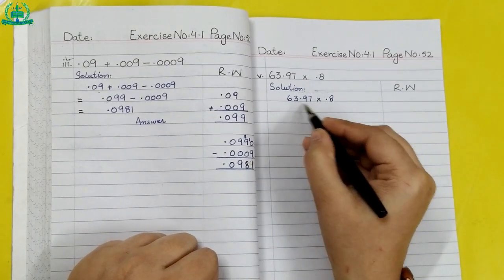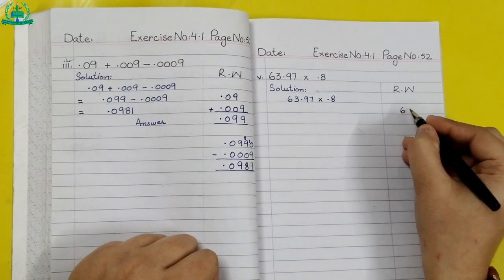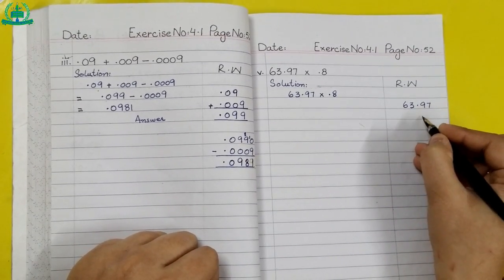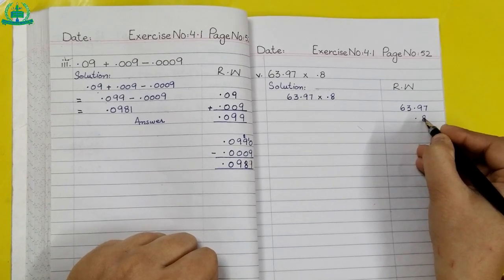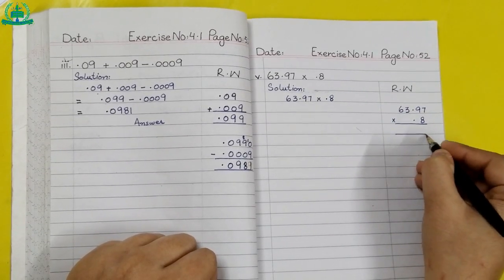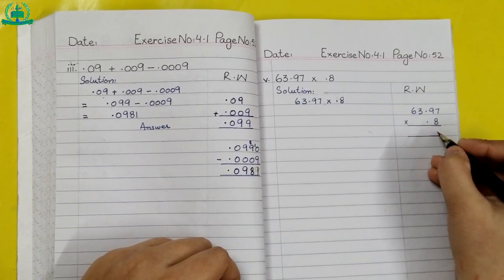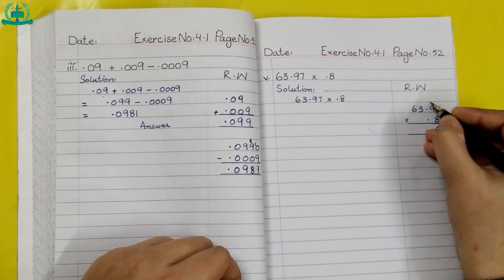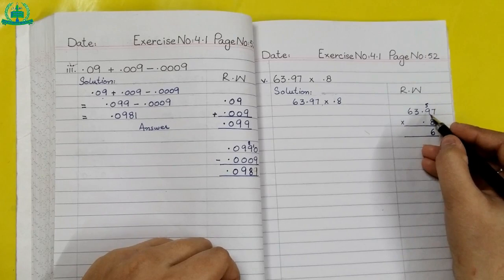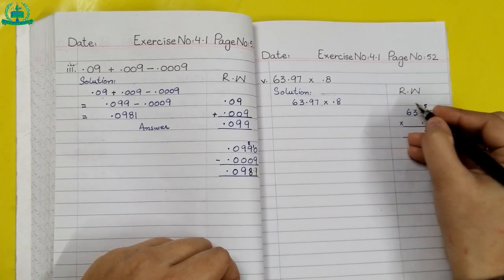We multiply these values like this. 63.97, 8. 8 sevens are 56. 6 here. 5 carry. 8 nines are 72. 72 plus 5, 77. 7.